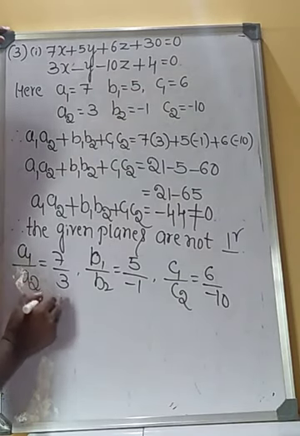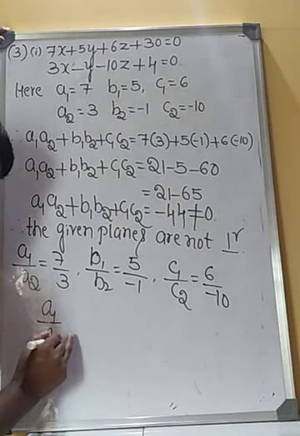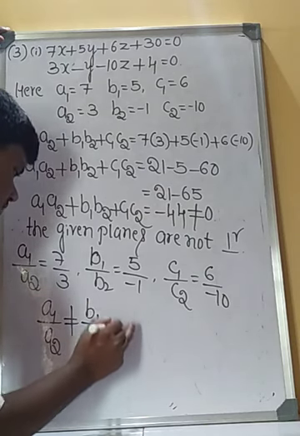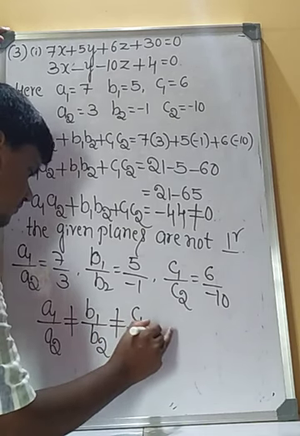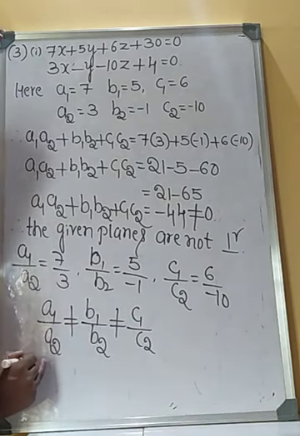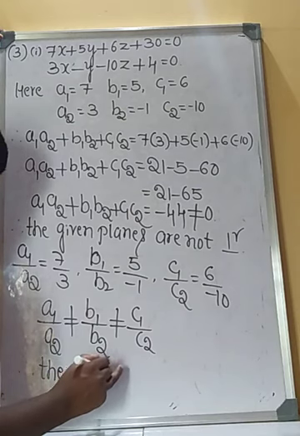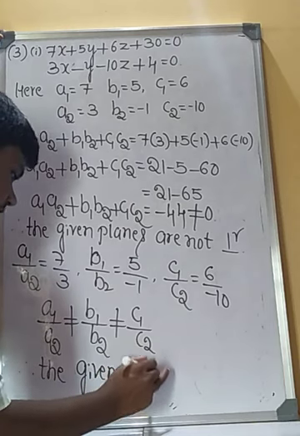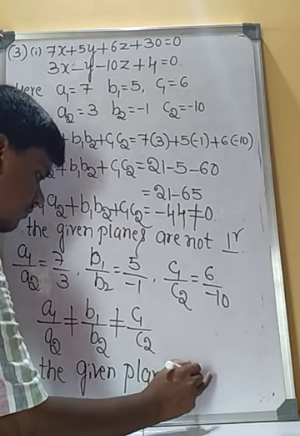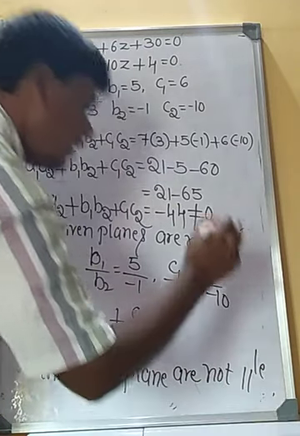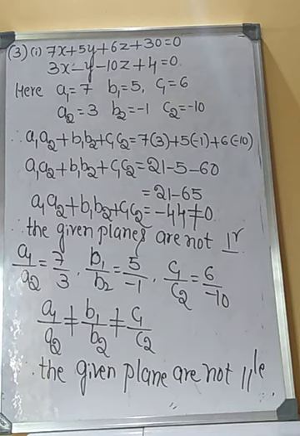So A1 by A2 is not equal to B1 by B2, which is also not equal to C1 by C2. Therefore the given planes are not parallel. The next, find the angle between the planes.